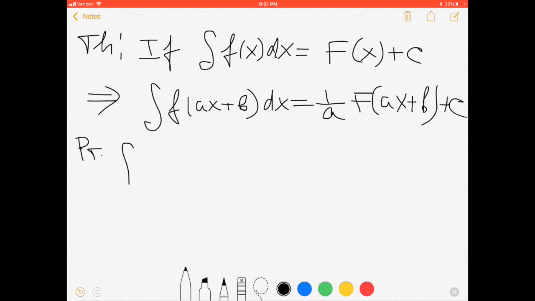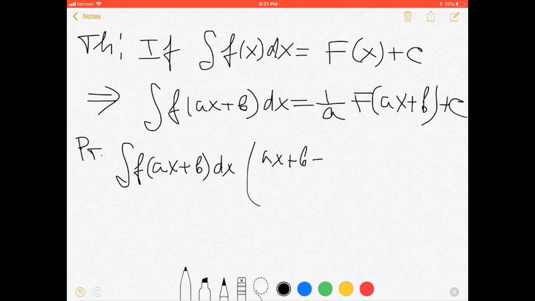Let's evaluate this integral: integral of f(ax plus b) dx. Use the substitution u equals ax plus b. Then a dx will be du.